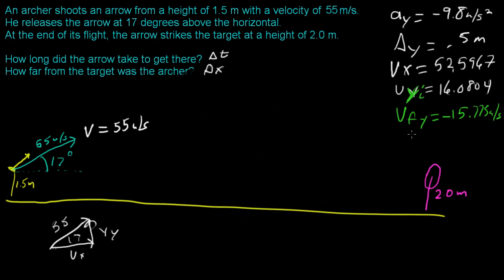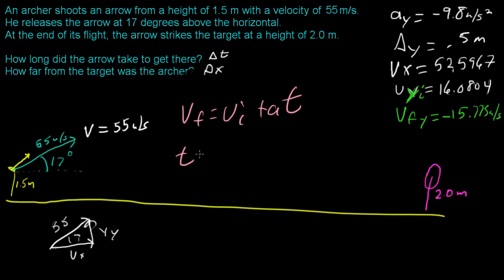Right, so now that we have VF, we can solve for delta t. We can just use the simplest of all possible ones, and we can say VF equals VI plus AT. So if we want to solve this for t, what do we get?